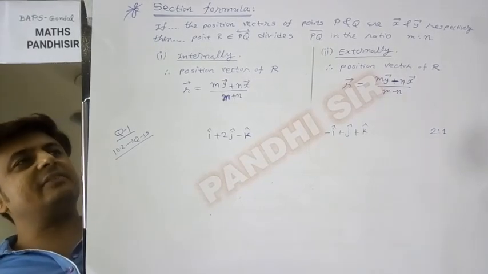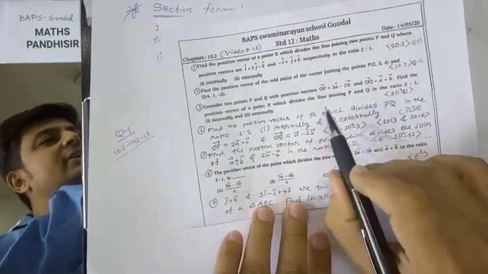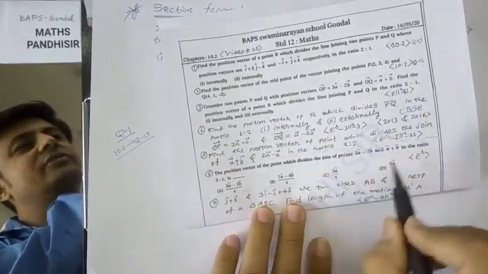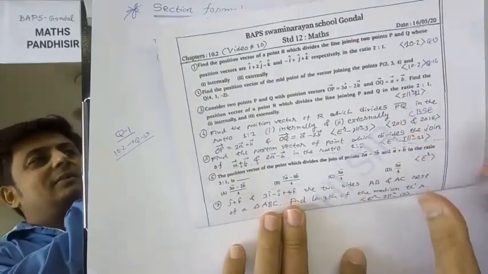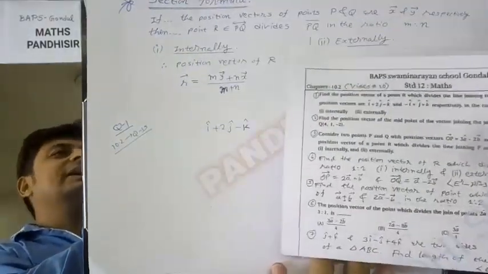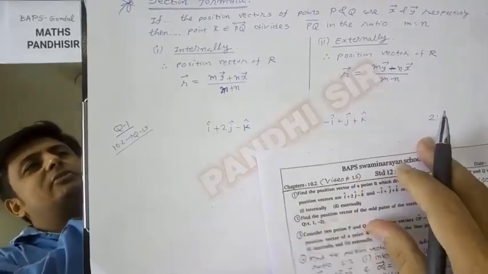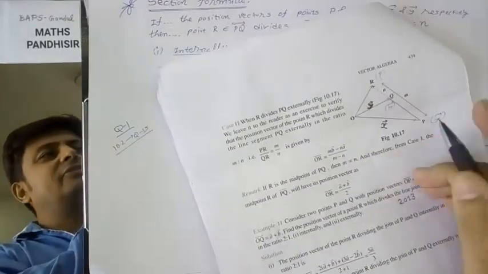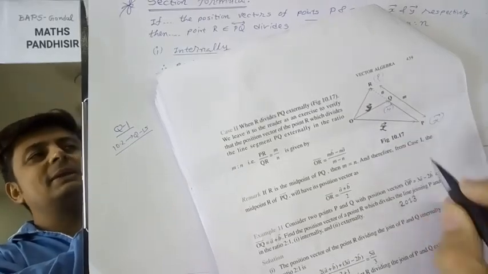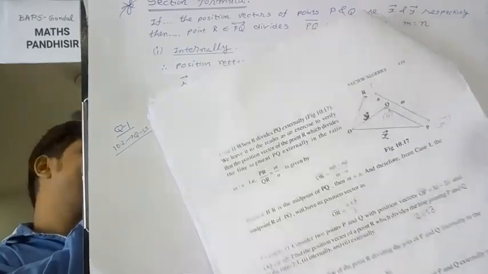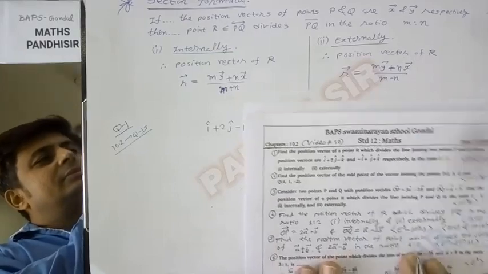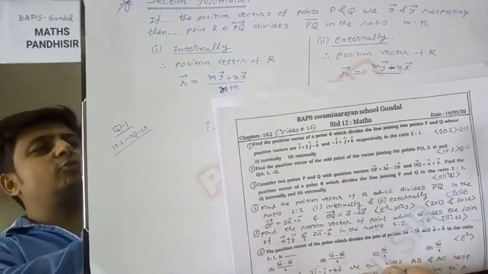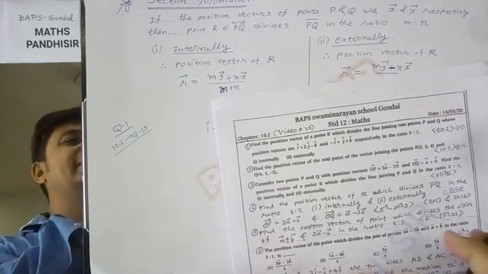Because there are some questions in which they use a, b as data. That's why I have changed this formula a little bit to x and y. In theory they take the position vectors of P and Q respectively as a and b, but I have taken x and y because they use a and b in a different sense in the data.